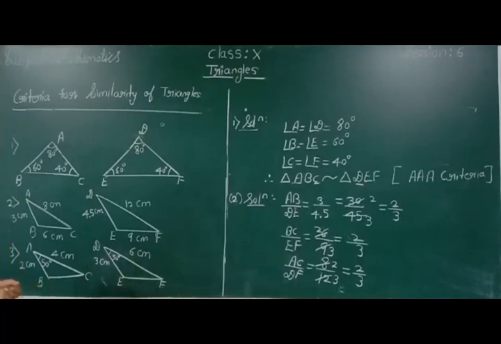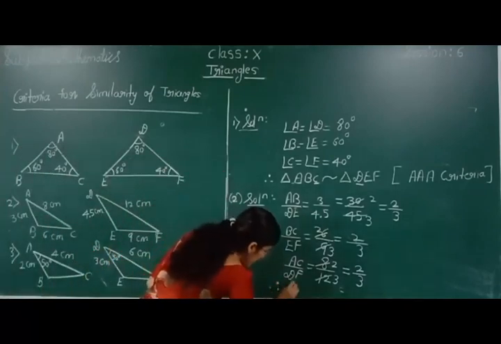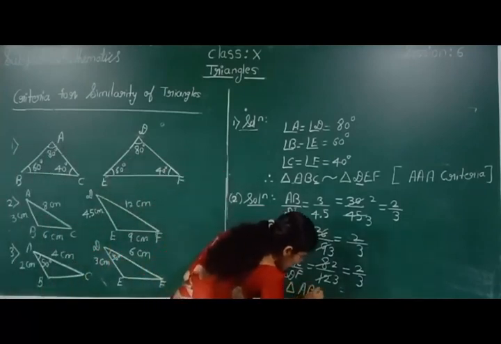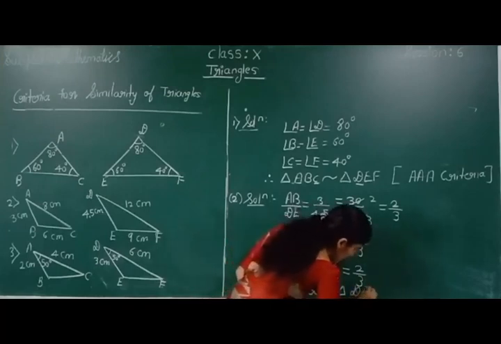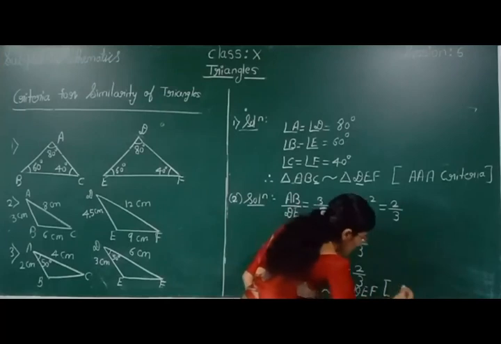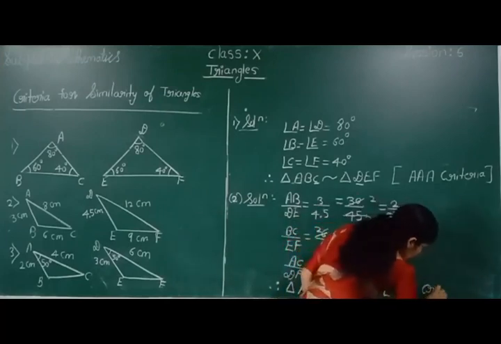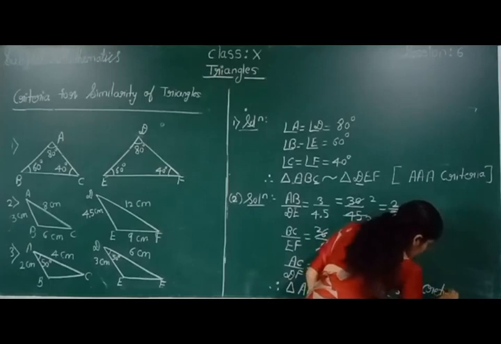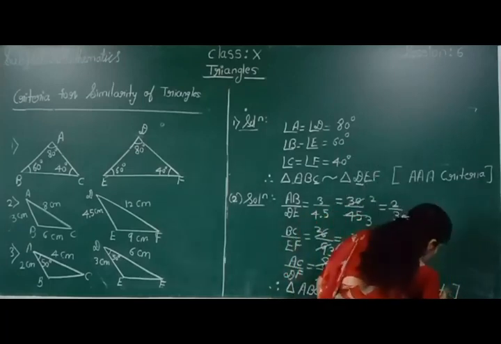Tell me students, which criteria is it following? Side. Therefore, triangle ABC is similar to triangle DEF by side criteria of similarity of triangles.